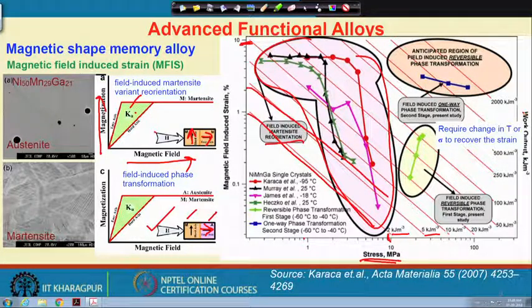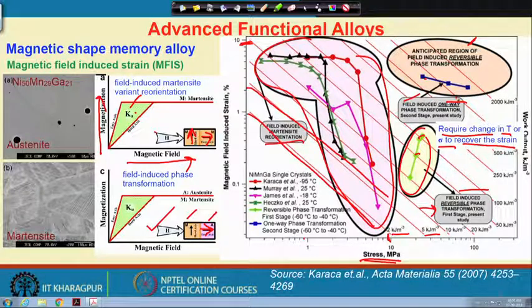On the other hand, the field induced reversible phase transformation occupies this particular region, but the best idea will be to go to this side actually, right. But so far only a magnetic field induced one way phase transformation has been observed. Why is this one way? Because it requires a change of temperature or stress in order to recover the strain. So, if we withdraw the magnetic field, then it does not recover the strain. This is a one way phase transition.